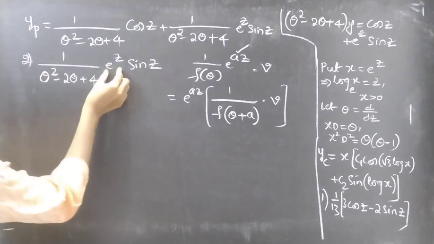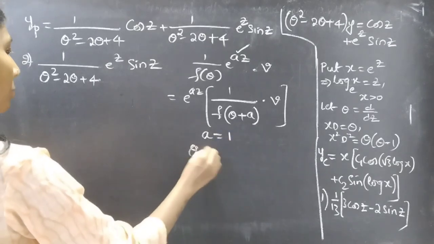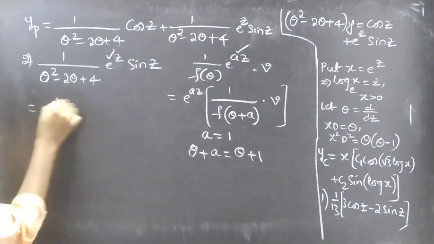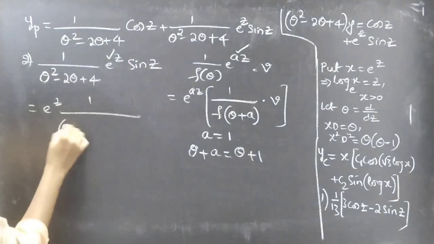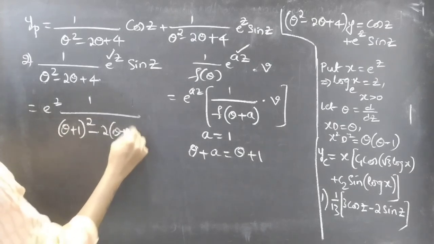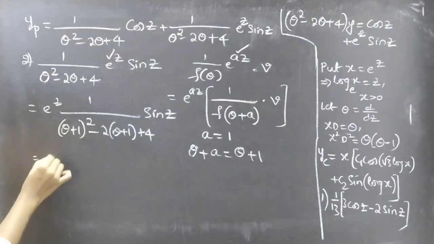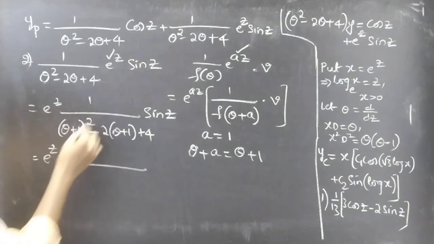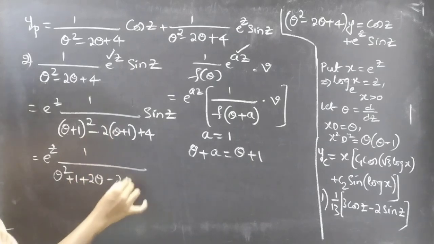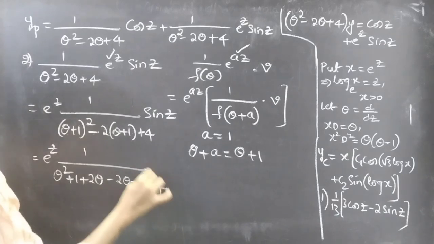Now compare e power z with e power az. Then for a equals 1, theta plus a is equal to theta plus 1. Now shift e power z towards the left by replacing theta by theta plus 1. We'll get theta plus 1 whole square minus 2 times theta plus 1 plus 4 into sine z. This is equal to e power z into 1 by theta plus 1 whole square, which is theta square plus 1 plus 2 theta, minus 2 theta minus 2 into 1, plus 4 into sine z.